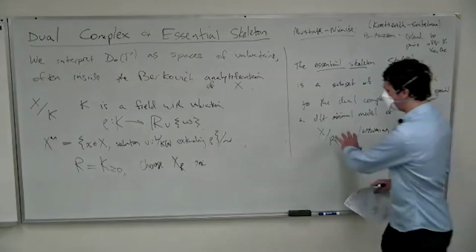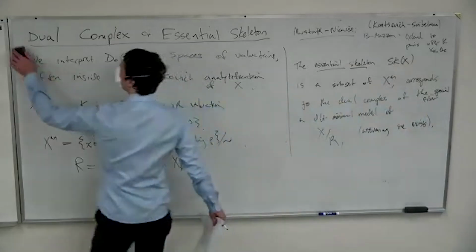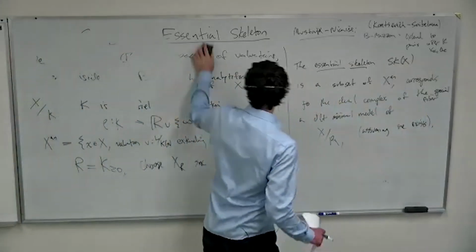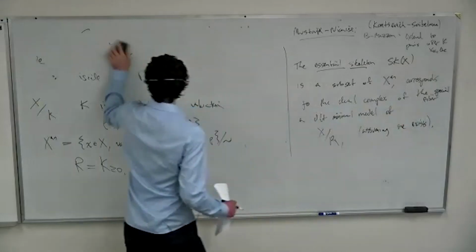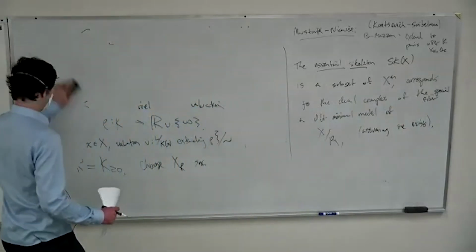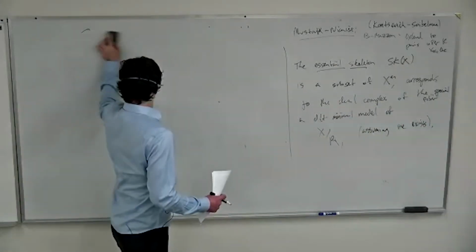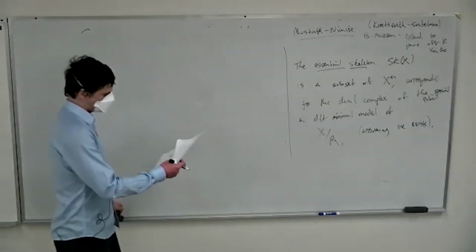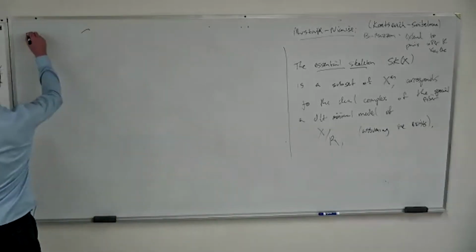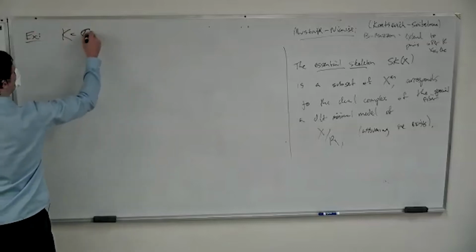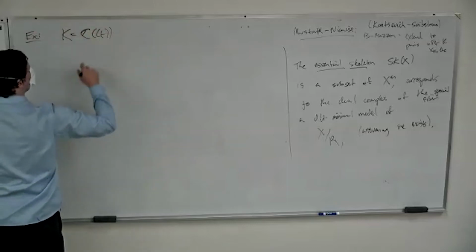Okay, so let me just give an example of what's going on here, rather than spell out the definition. Okay, 20 minutes in. For example, we have a valued field, so let's think of that valued field as the formal Laurent series.